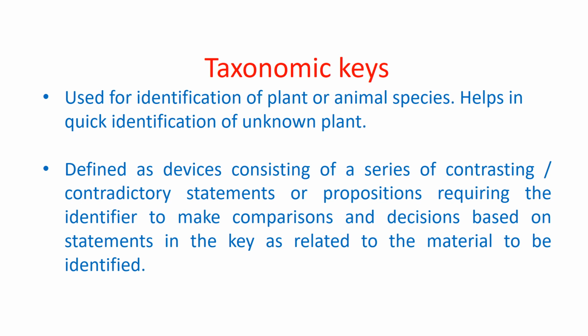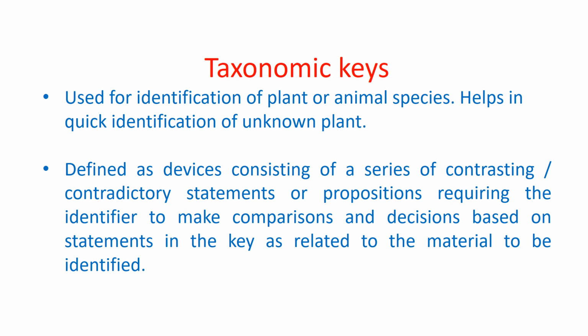Based on the taxonomic keys, the plants can be easily classified and segregated from one genus to another genus, then within the genus to species. Like that, from the higher hierarchical rank to the lower one, the plant has to be categorized. For that, the taxonomic keys are very much useful.